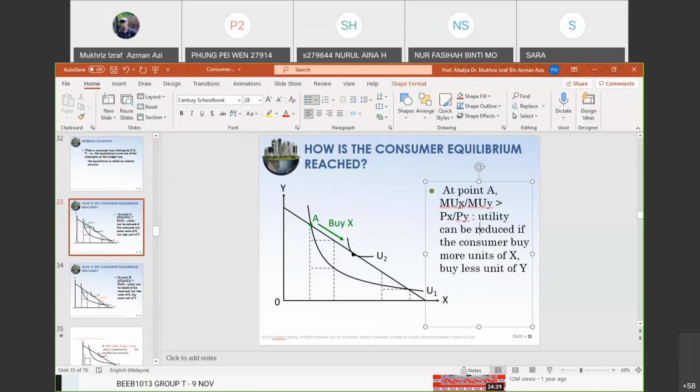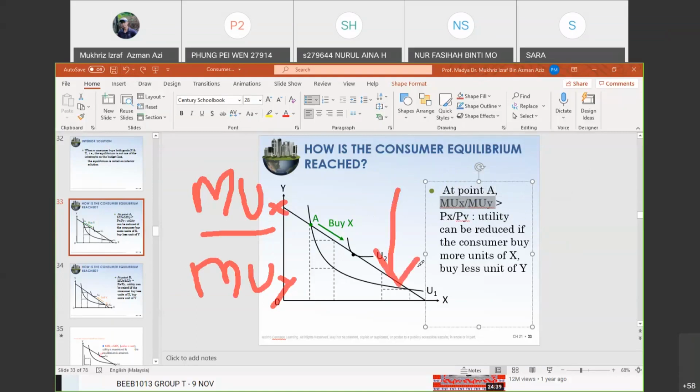So now the goal is to make this value smaller. Now you need to look at this as one equation or one term, MUX divided by MUY. Your goal is to make this term smaller.